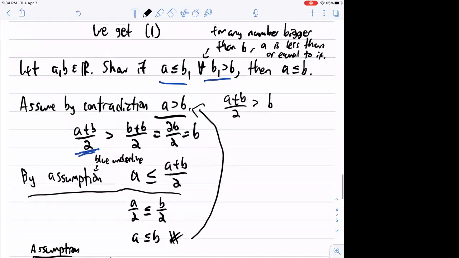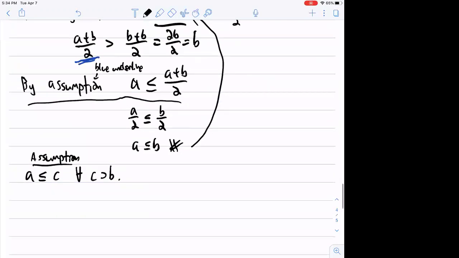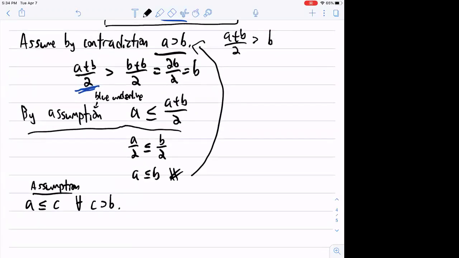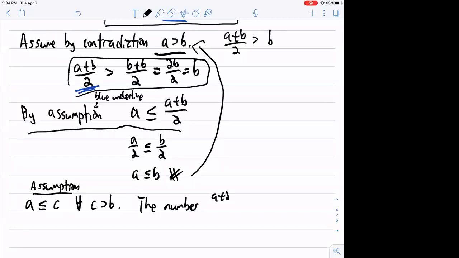Now we showed right here that the number (A plus B) over 2 is bigger than B. So using the assumption, I'm taking my C to be (A plus B) over 2. So A is smaller than or equal to (A plus B) over 2.